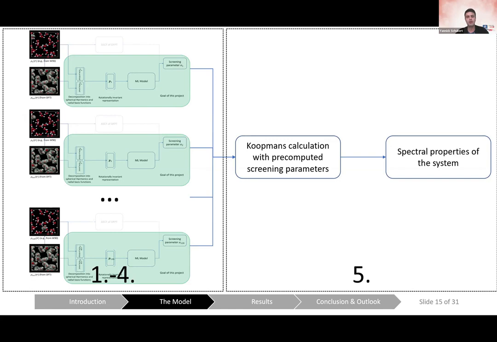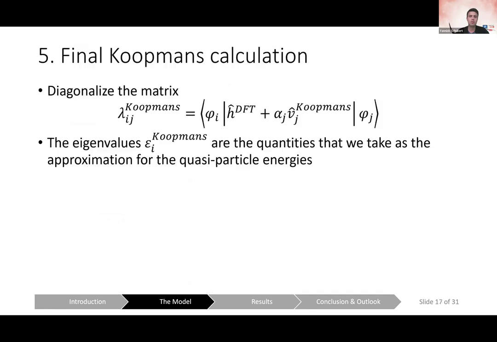This is again common to the standard Koopmans workflow, where you essentially set up this Hamiltonian matrix defined now via the predicted screening parameters. And then the eigenvalues of this matrix are the quantities that we take as approximations for quasi-particle energies. So those are really the physical quantities that we are interested in.